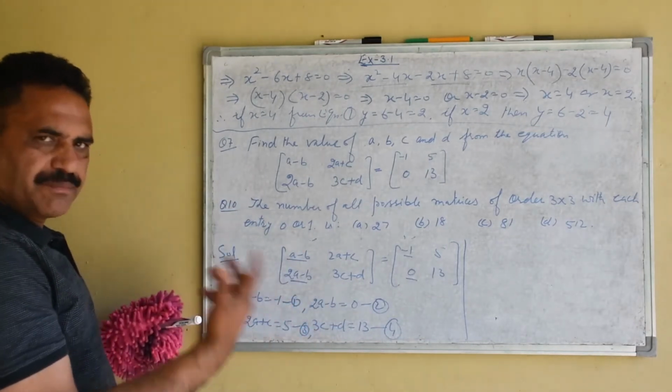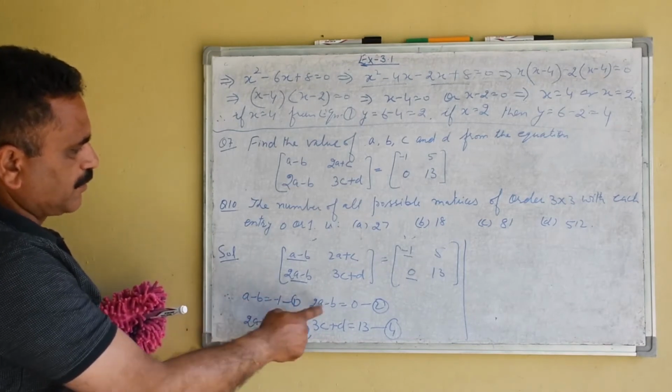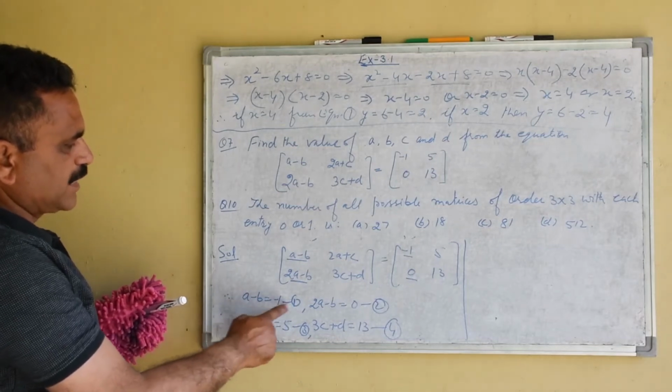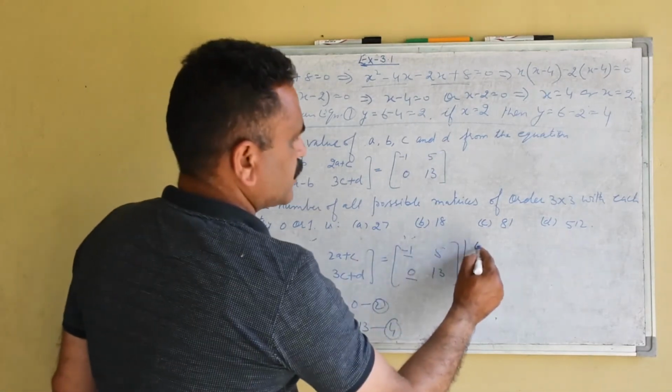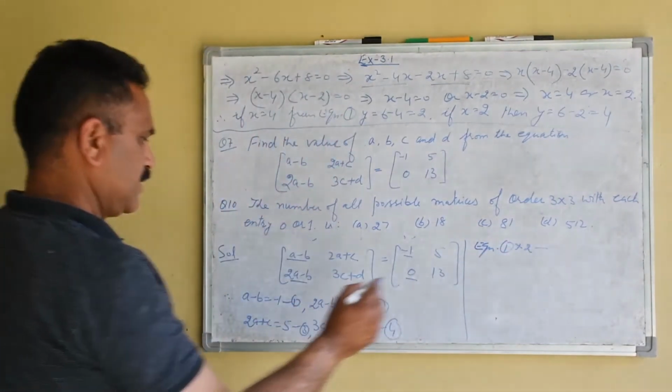We have done it in the previous 10th standard. By equalizing the coefficient of a, we have to make it 2a, so we do equation 1 into 2 minus equation 2.